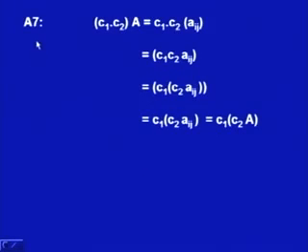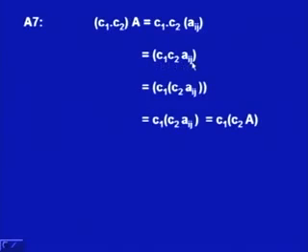The next property is the associative property. So let us see, c1 and c2, two scalars, multiplied by A. So it is c1 c2 multiplied by a typical element of the matrix. I am not writing m by n here again and again, but this simply means the Aijth element of the m by n matrix.